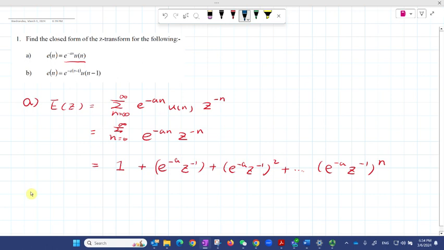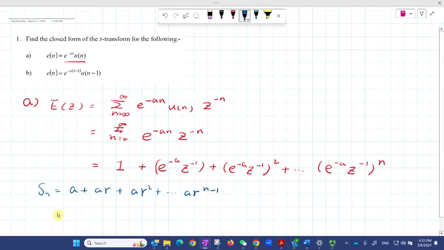This one actually is a geometric series, so you can see there's a pattern there. The general form for the series looks like this: a plus ar plus ar squared, all the way to ar^(n-1).